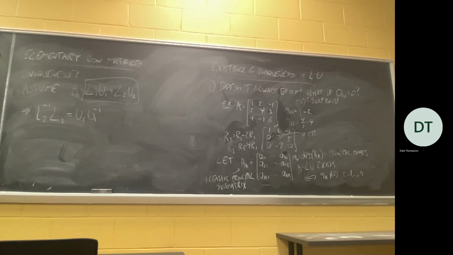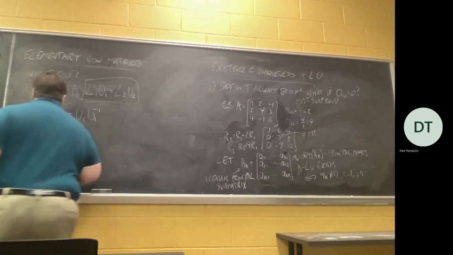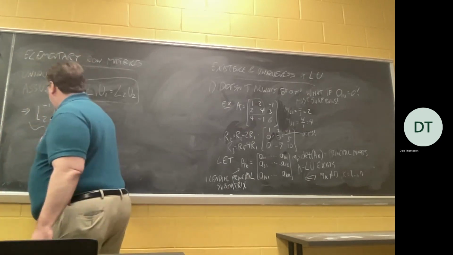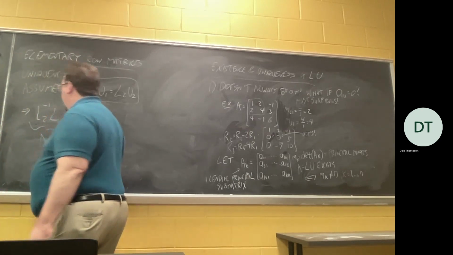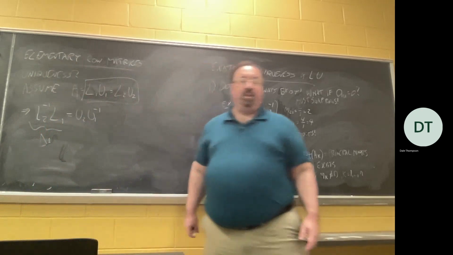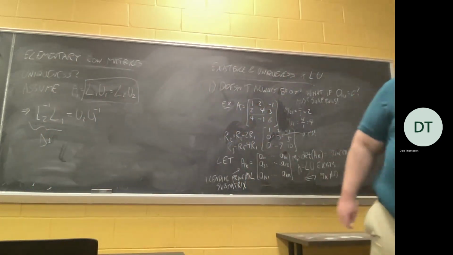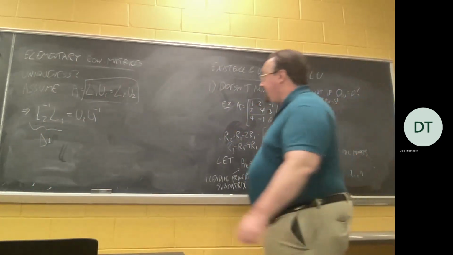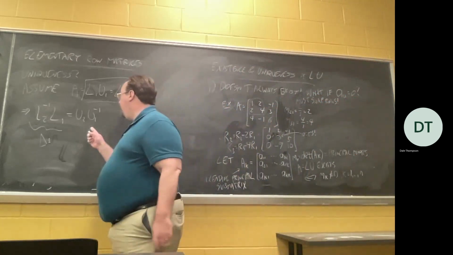And this is where we use the properties of triangular matrices. Here we have unit lower times, well, L2 inverse is unit lower. So we're multiplying two unit lowers. The product is unit lower. So the left side of the equation is unit lower triangular. Here we have two upper triangulars.